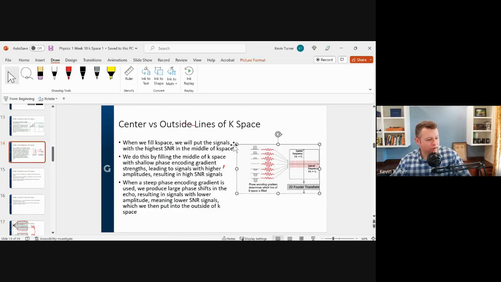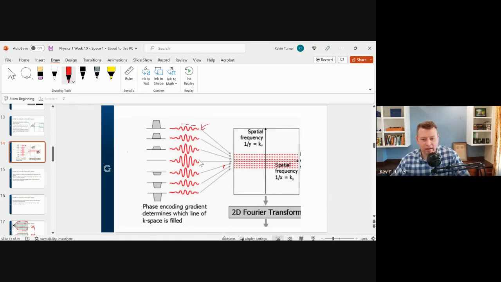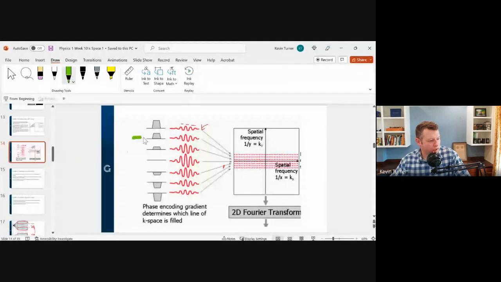Coming back here I have 1, 2, 3, 4, 5, 6, 7 echoes being generated. Well, let's say I only needed 3 echoes. Well, which echoes would I generate? Those with low signal or those with high? I would choose to only make these 3 echoes with the shallowest phase encoding gradient because they have the most SNR.